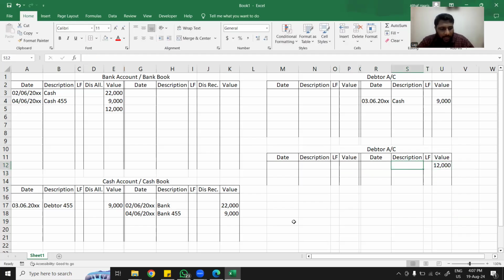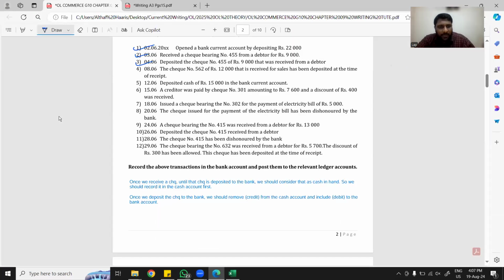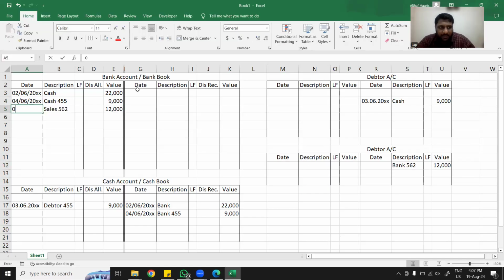So here you can write bank. What's the check number? 562. Sales 562. What is the date? 8/6.